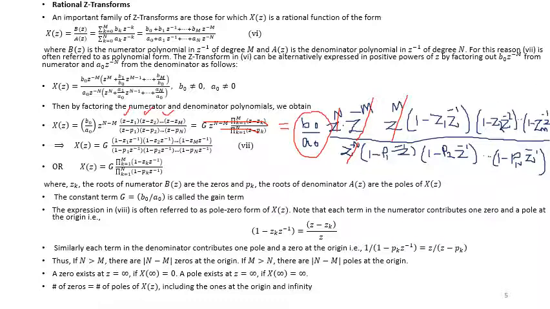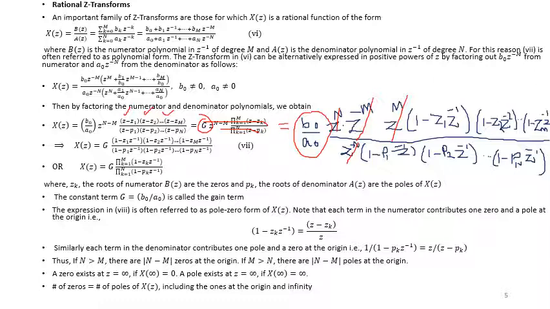Okay, and let me represent it by G as described here. So we can write it as G into 1 minus z1 z inverse, and so on. The z's are basically zeros: z1, z2, z3 up to zm, because this term consists of m zeros, and similarly we have these n poles.